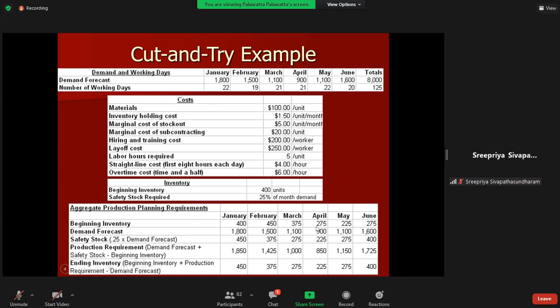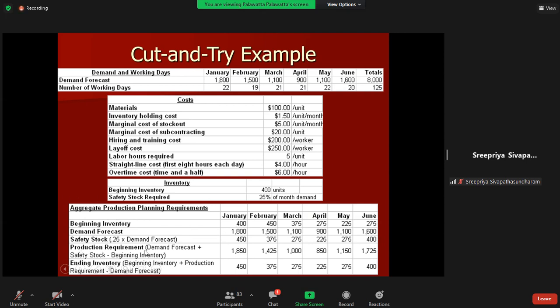That will be the beginning inventory in April. April demand is 900, then safety stock is 225. And that will be the beginning inventory in May. The safety stock in May is 1,100 divided by 4, that is 275. And then beginning inventory in June is 275, and safety stock is 400. That will be the end inventory of the planning horizon. This planning horizon is 6 months.